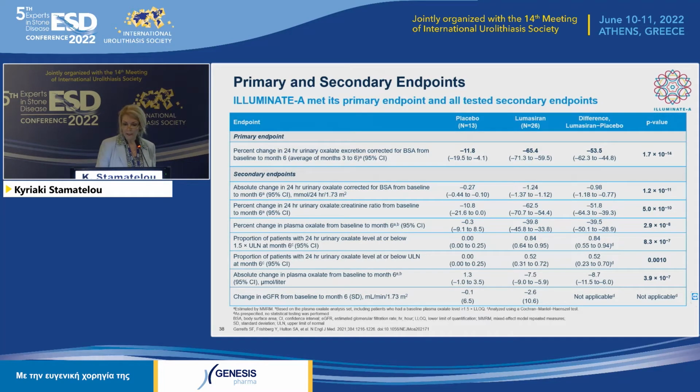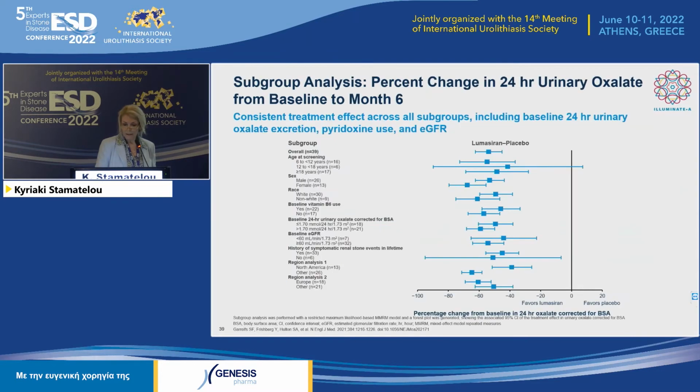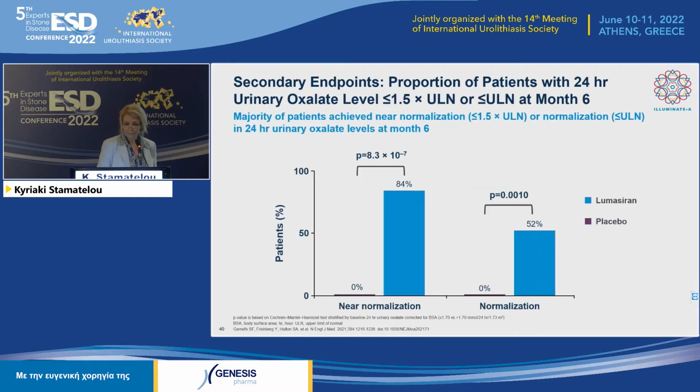All these endpoints tested favorably. In all subgroup analyses, the percent change in 24-hour urinary oxalate from baseline to month 6 was in favor of the patients taking lumasiran.